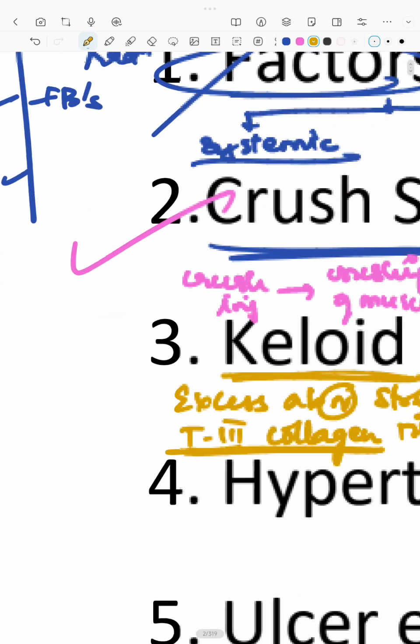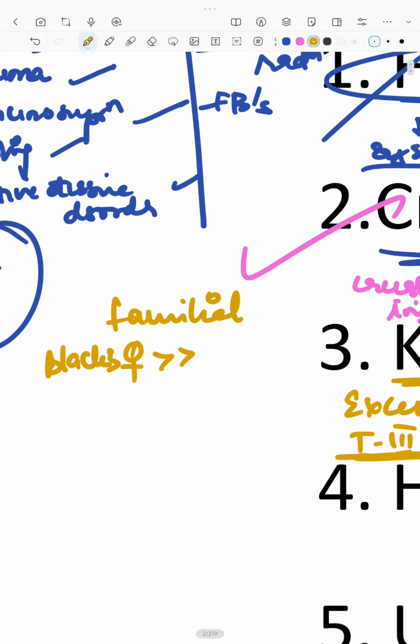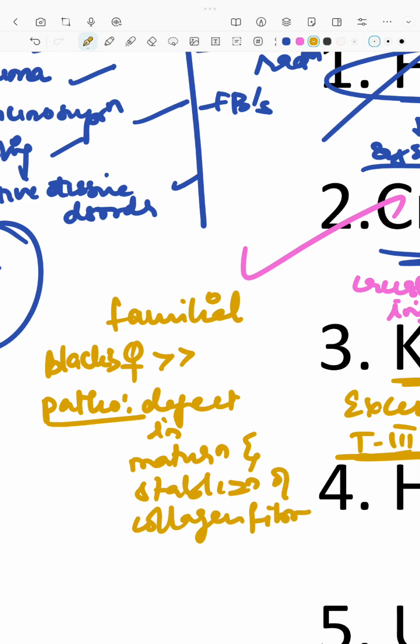It is familial, more common in females and in blacks. The pathophysiology is a defect in the maturation and stabilization of collagen fibers.